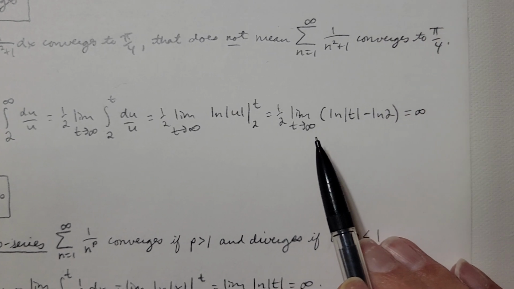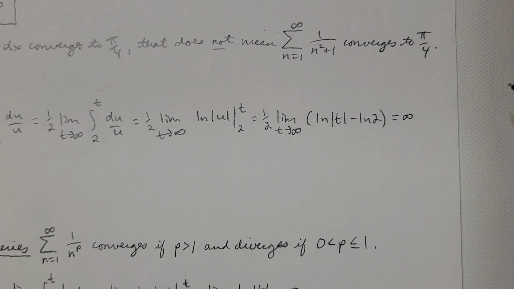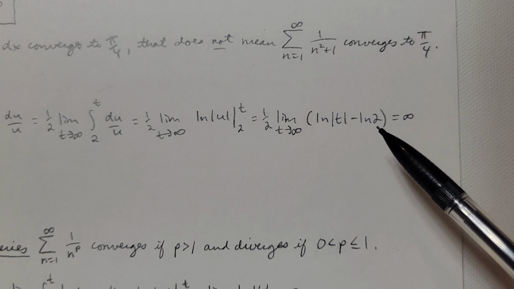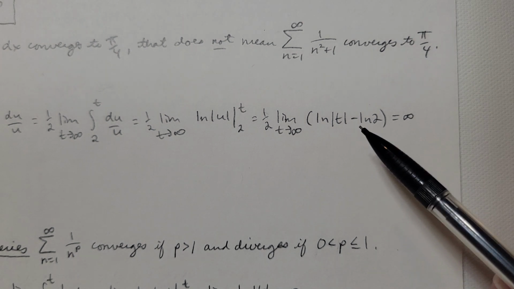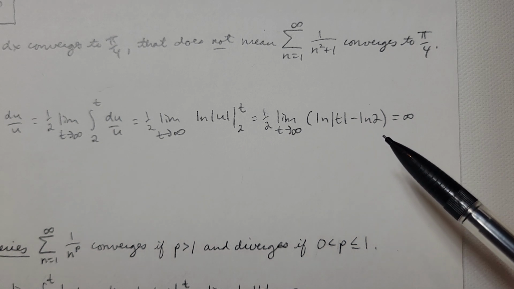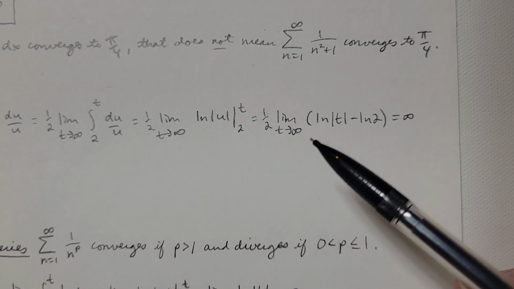When I plug in my bounds, I've got 1/2 times the limit as t approaches infinity of the ln of the absolute value of t minus the ln of the absolute value of 2. As t approaches infinity, the ln of t is going to approach infinity. I'm subtracting the ln of 2, so what? I'm dividing by 2, so what?